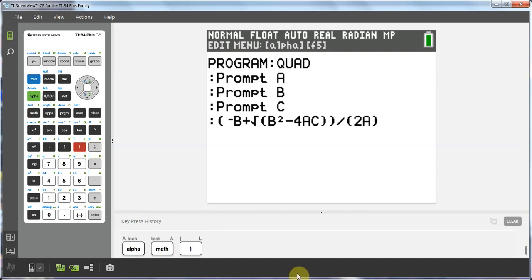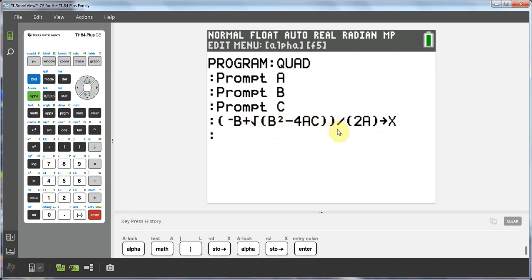Okay. And I'm going to take this result here and store it in a variable. So I'm going to store it in, say, the letter x. Okay. So x has the result of negative b plus square root b squared minus 4ac, all of that over 2a.